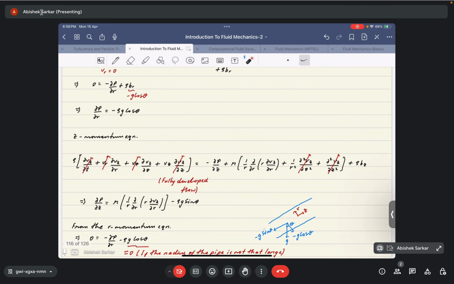So on the right hand side, dou p by dou z should exist because we don't know how the pressure varies along the z direction, so there is a pressure dependence. Since we already knew that dou p by dou theta is 0 and dou p by dou r is non-zero, and since pipe flows are pressure driven flows, there has to be a variation of pressure along the direction of the flow. So this term, at least in the case of pipe flow, can never be 0.